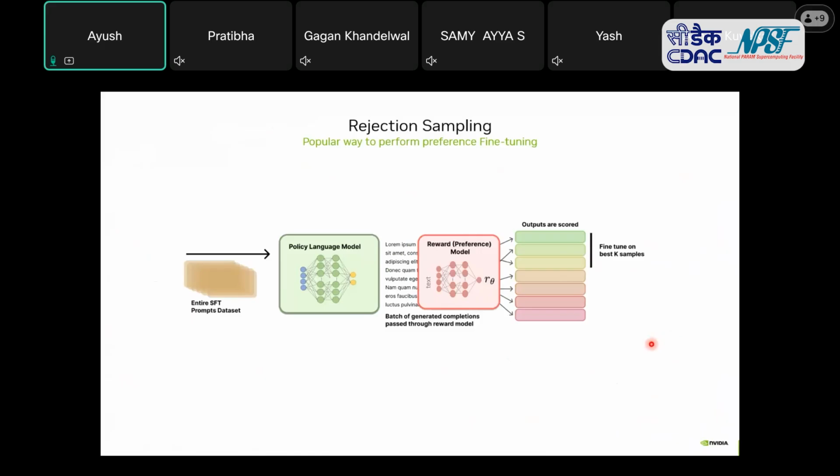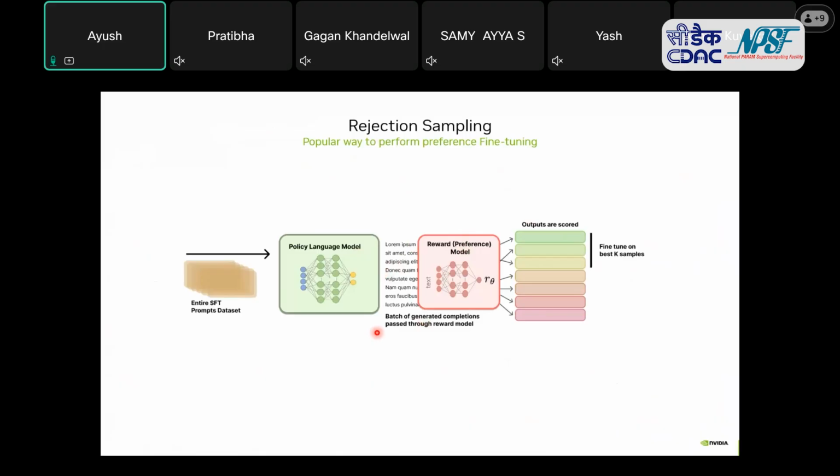So we use that as our prompts database. For each prompt, we generate completions, and we can represent this as a matrix, right? Where, let's say, for a given prompt you have k completions, so you have k rows.